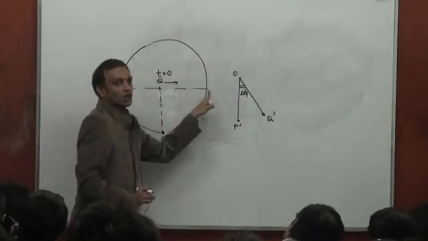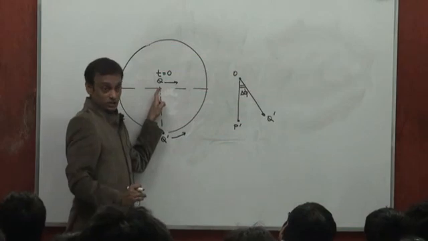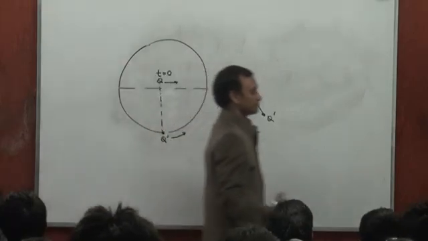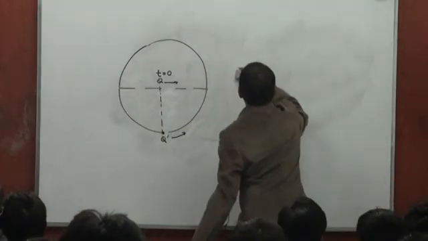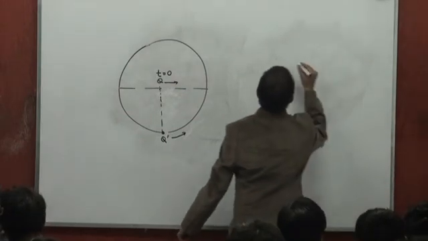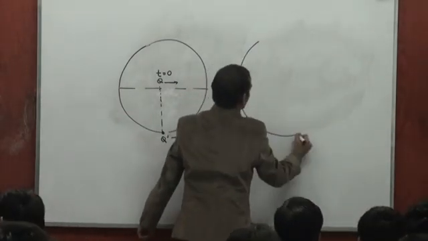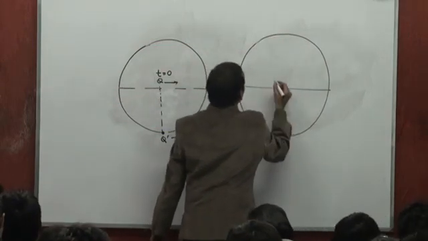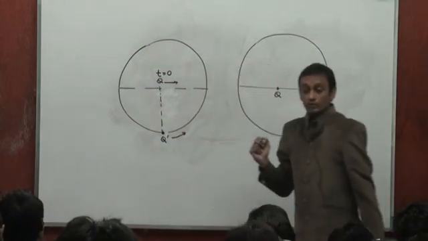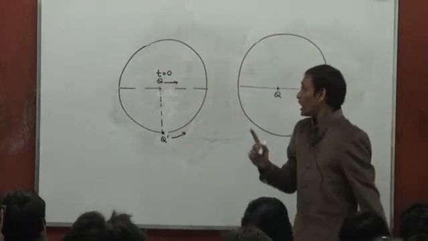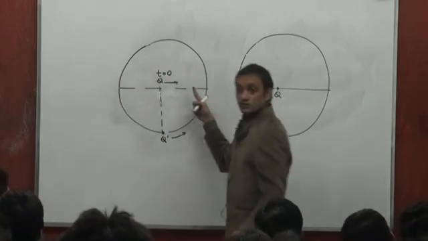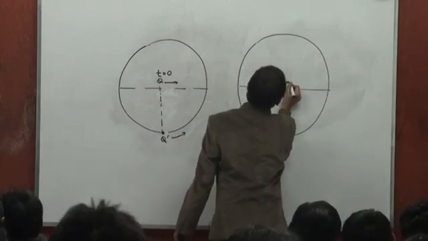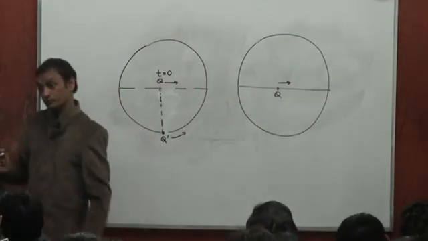Q executed a full oscillation and came back to the mean position. Now Q was here, reverting to the mean position after a complete oscillation, and was once again headed rightwards, right?